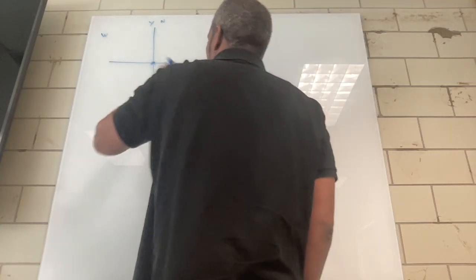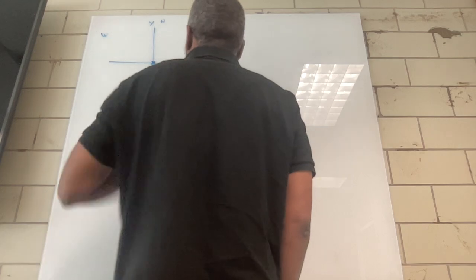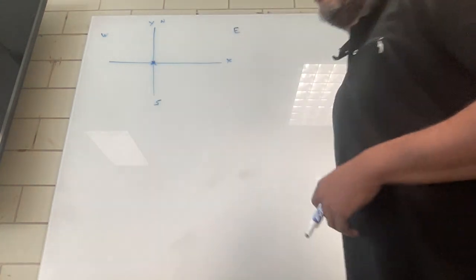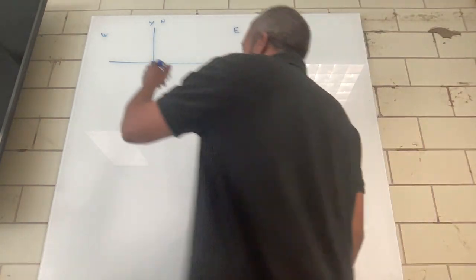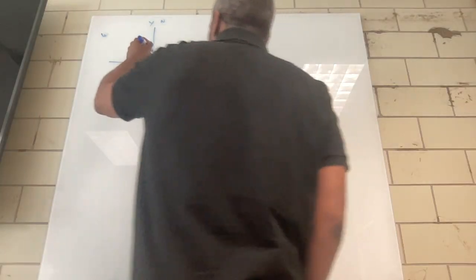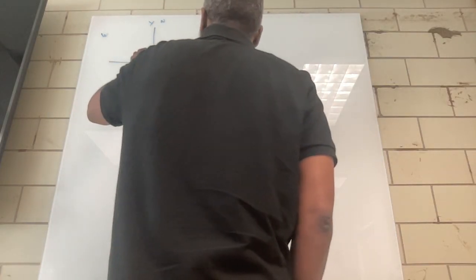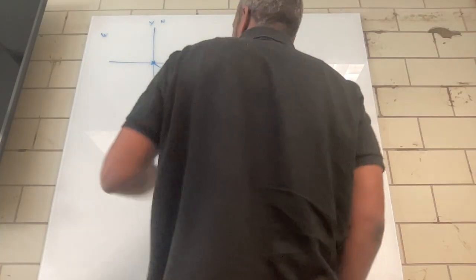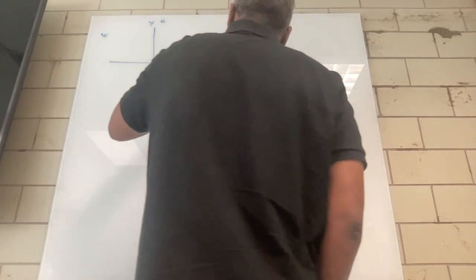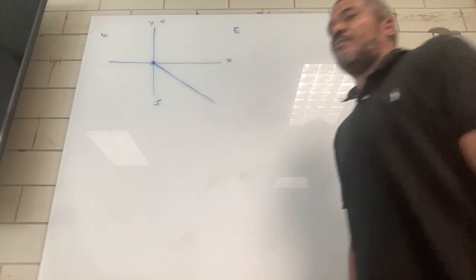We start from the origin, always, and we are going to go 440 kilometers southeast. So we left the origin and we went this way. That's the first leg of the flight.